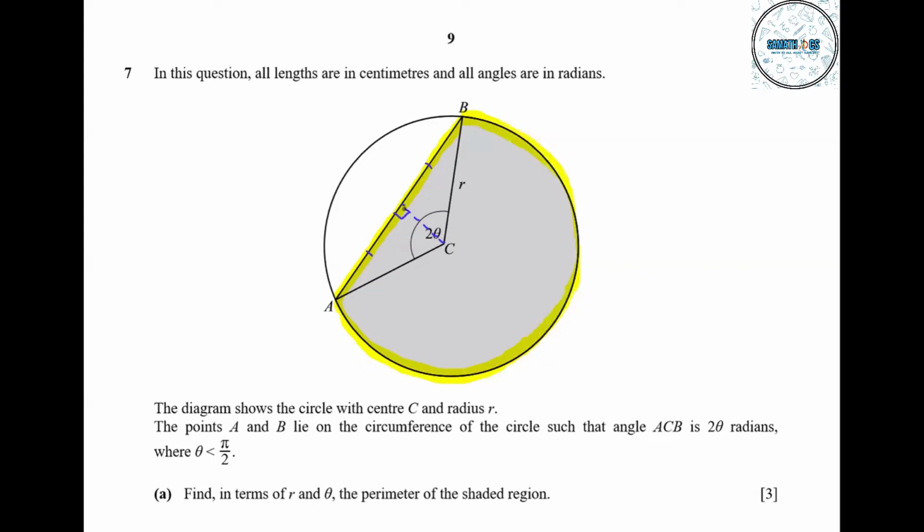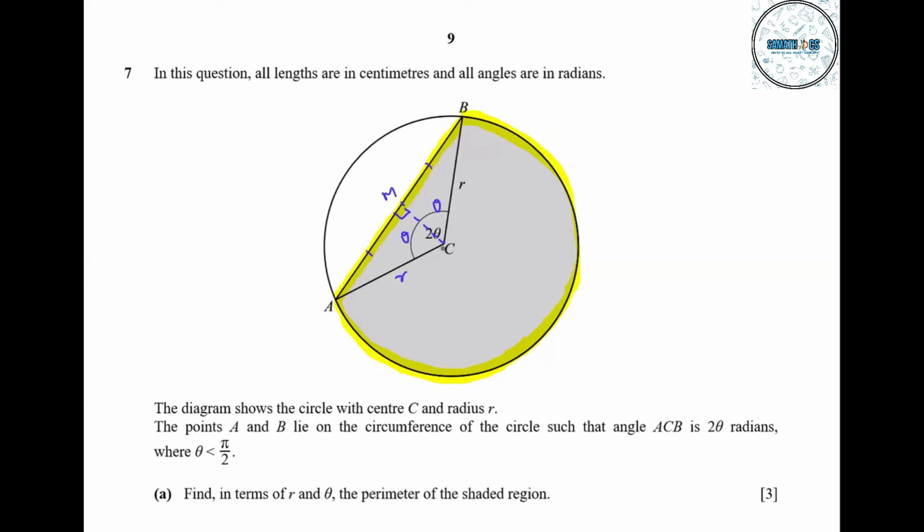We have dropped a perpendicular from here. This angle is divided into two equal parts. This is theta, this as well as theta. Now, we know that the radius of the circle is R, so we can easily find out the length from here till here, and we can say that this is point M as it is the midpoint of AB.